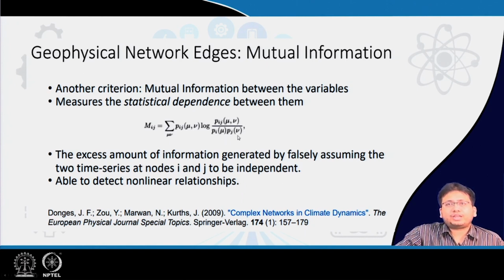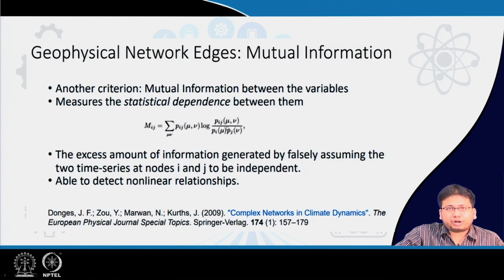And we know that if they are independent, then the joint distribution can be expressed as the product of the marginal distributions. So, if they are indeed independent, then this fraction will become 1, and since we have taken the log of it, the mutual information will simply become 0.